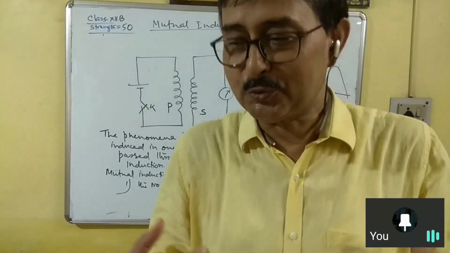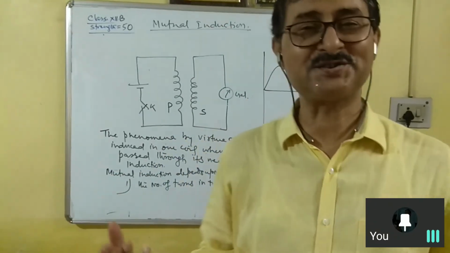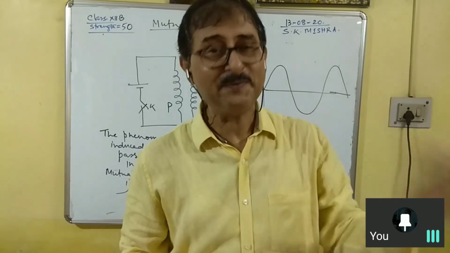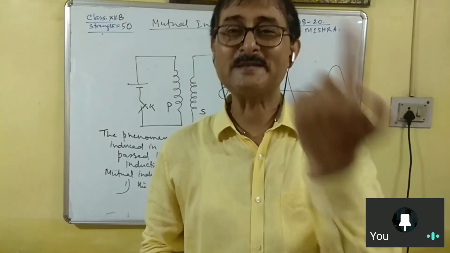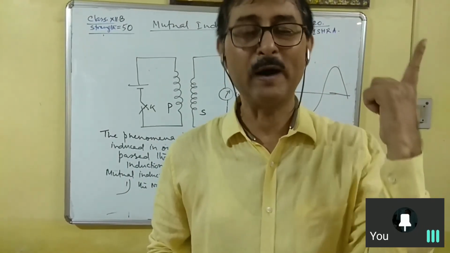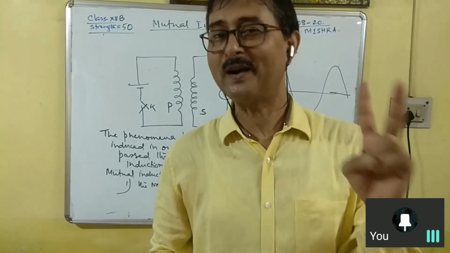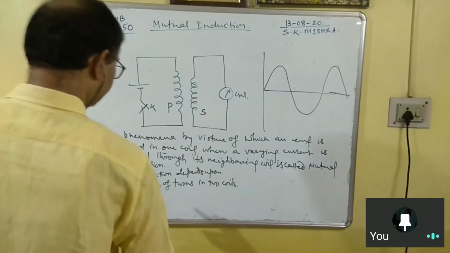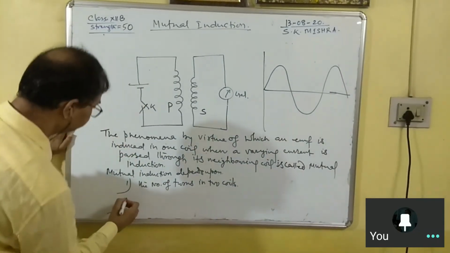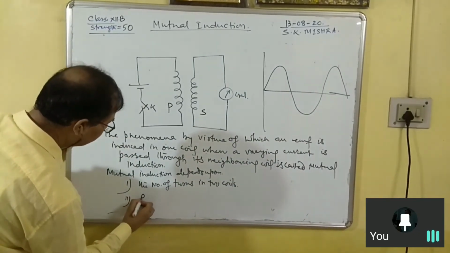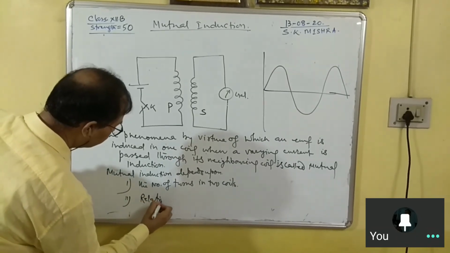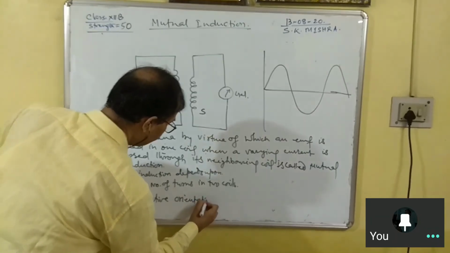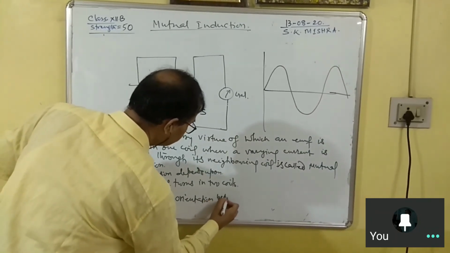It's a mutual matter. It's a mutual conversation. Means two persons is required. But for self-inductance, self means only one. So one coil. Remember, mutual induction means two coils. There must be two coils. So the number of turns in two coils and the relative orientation between the coils.